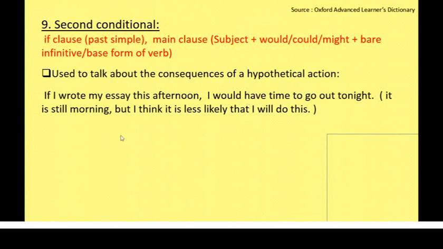Let's see the example. If I wrote my essay this afternoon, I would have time to go out tonight. This means it is still morning, but I think it is less likely that I will do this.